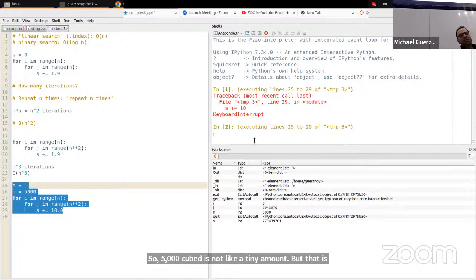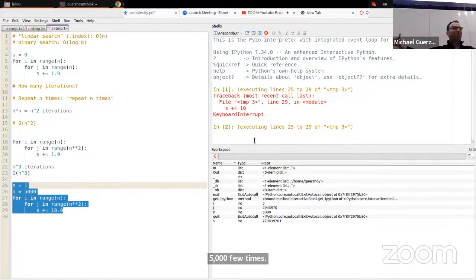On the other hand, if you say something like times equals 10, what you're doing is trying to compute the number 10 to the 5,000 cubed, because you're saying multiply by 10, 5,000 cubed times. That's, first of all, a huge number.